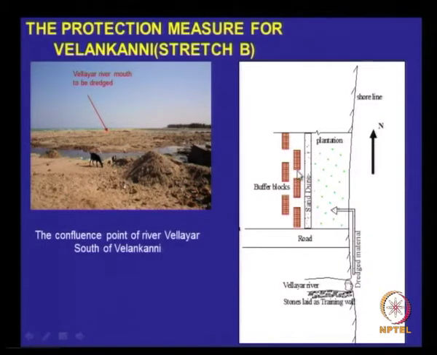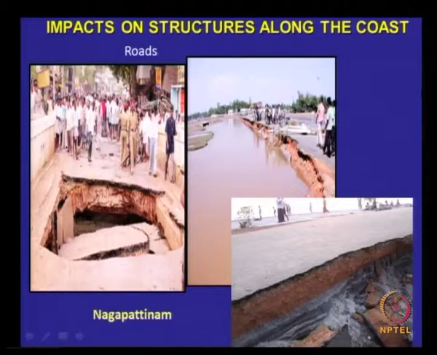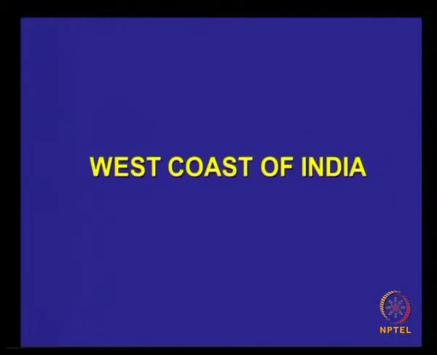The buffer blocks are staggered, so the velocity will drastically reduce, that is the idea, and we make use of cleaning this river. Wherever we have rivers adjoining, the suggestion was to remove or clean the river mouth. These are some of the locations where the impact was on the roads.